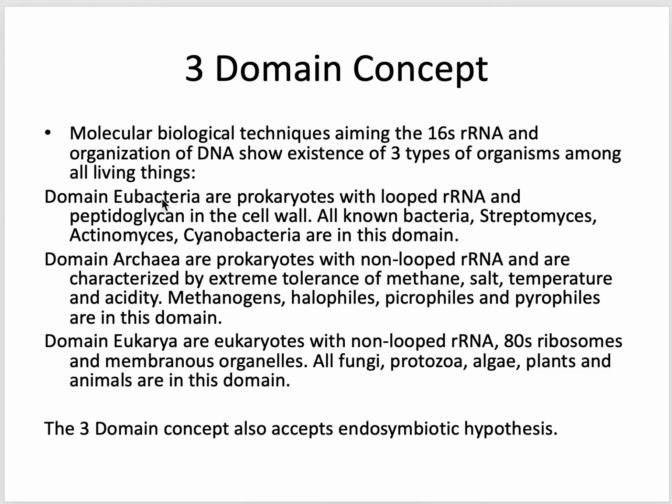First, the domain Eubacteria: they are prokaryotes with looped ribosomal RNA and peptidoglycan in the cell wall. All the known bacteria, Streptomyces, Actinomyces, Cyanobacteria, are in this domain. Domain Archaea are prokaryotes with non-looped ribosomal RNA and are characterized by extreme tolerance of methane, salt, temperature, and acidity.